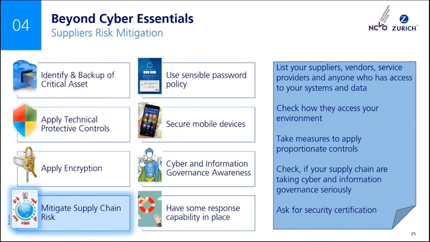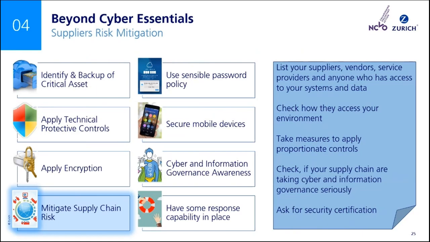So the first thing to do, list all your suppliers, vendors, service providers. It might be that you have outsourced your IT services to someone else. List them. Who has access to your environment, to your systems, to your data. List them first.